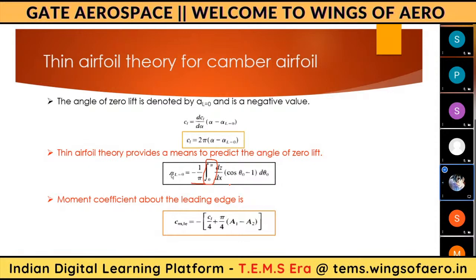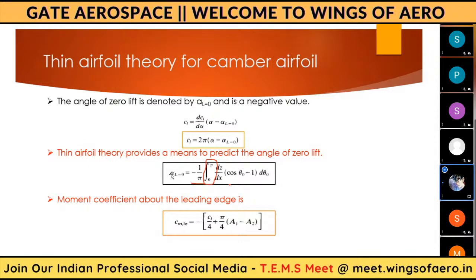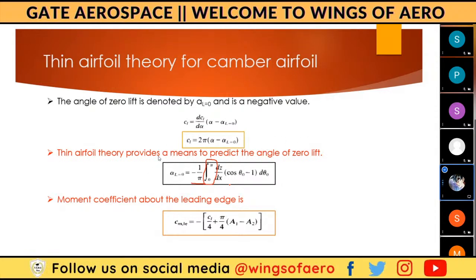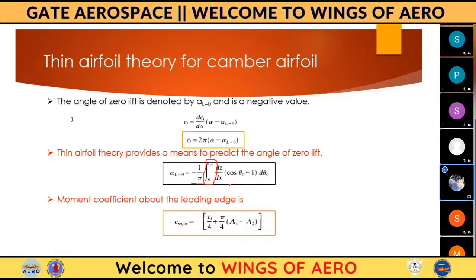Also, finally, if the answers are asked in degrees, you need to convert the value you find. You will be getting it in radian only. After that, you need to convert that radian into degree.